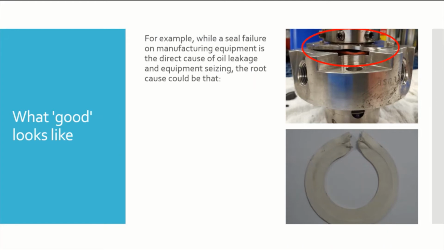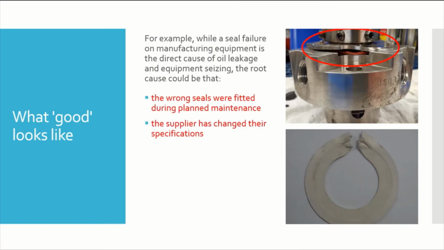Let's see an example. In an investigation like this, while seal failure on the manufacturing equipment is the direct cause of oil leakage and equipment seizing, the root cause could be something else. So this is the anticipated root cause. We assume the wrong seal was fitted during plant maintenance, and we blame the supplier for changing their specifications.